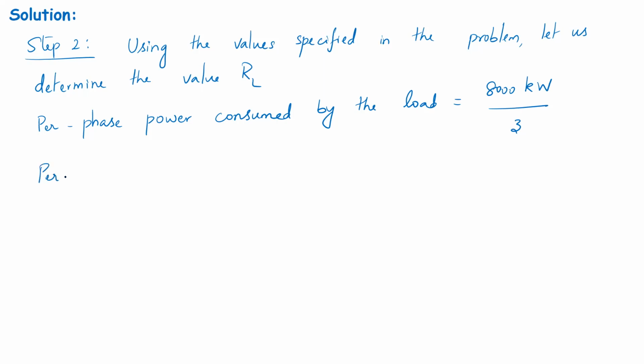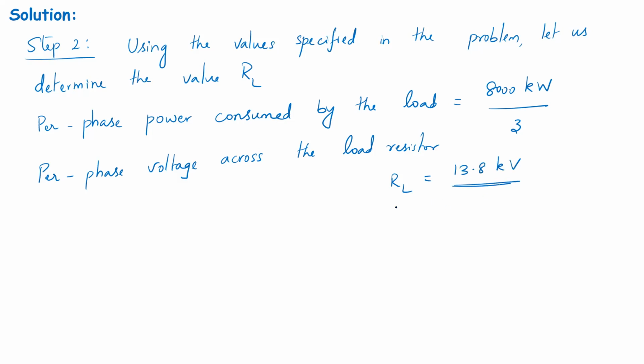Now the per phase voltage across the load resistor RL is the same as the line to line voltage because the load is delta connected. Very important.